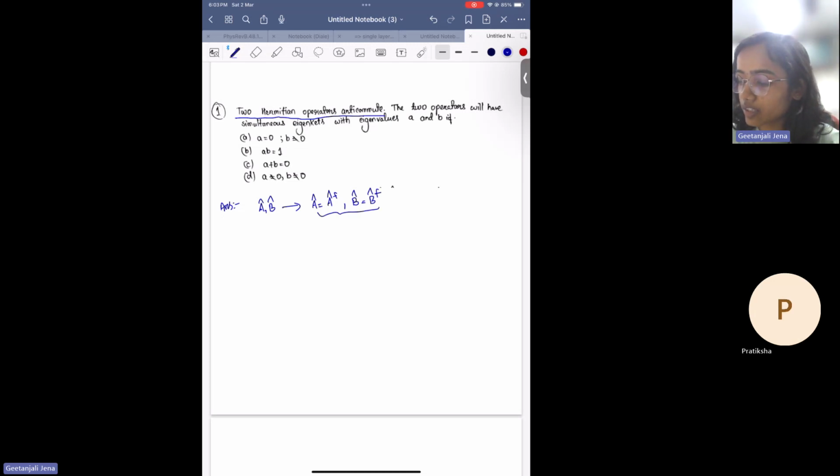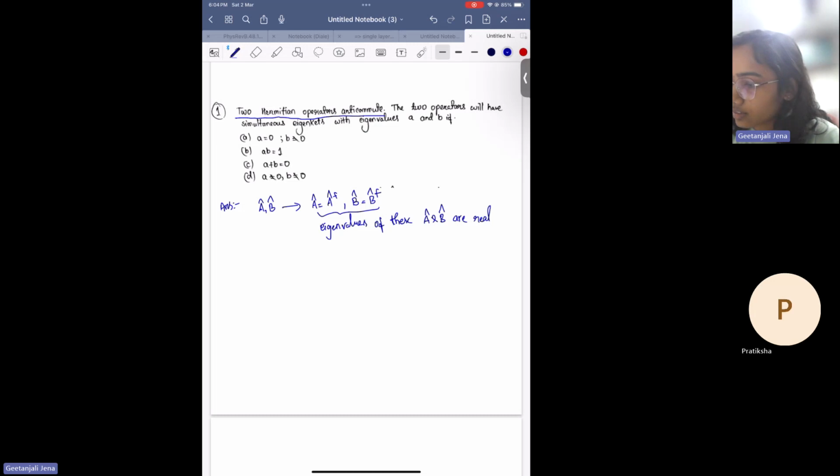The eigenvalues of these two operators A and B are real. Although these properties are not required for this anti-commutation relation, you should know them because they will help you solve other problems. So let's go through what is given to us.